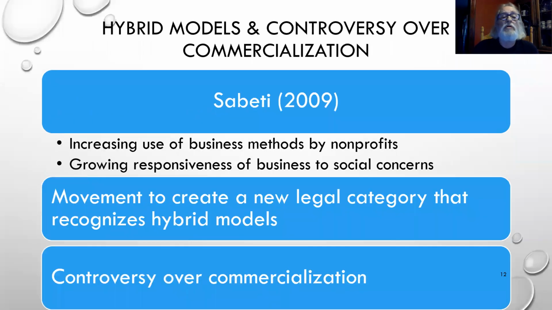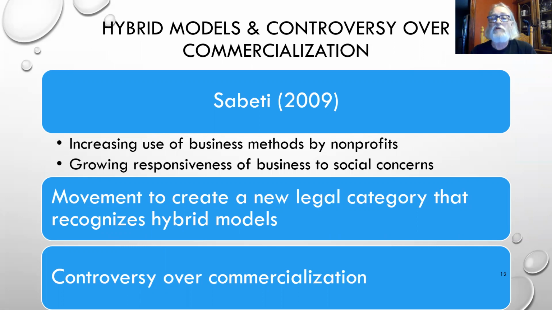Now let's come down here to look at these real changes, and this is a major trend in the nonprofit sector today. We have the increasing use of business methods by the nonprofits. They simply don't have the grants coming from the government like was coming 20 years ago. There aren't as many private foundations out there to make up the difference of what the government's not giving anymore.